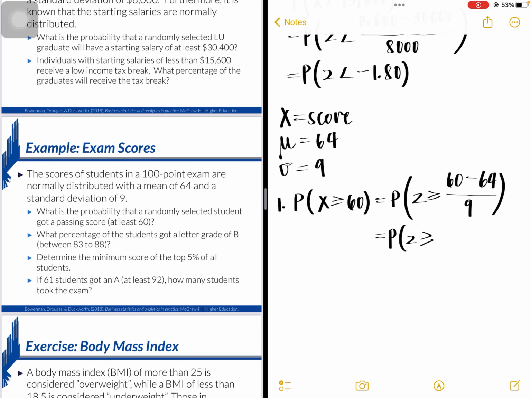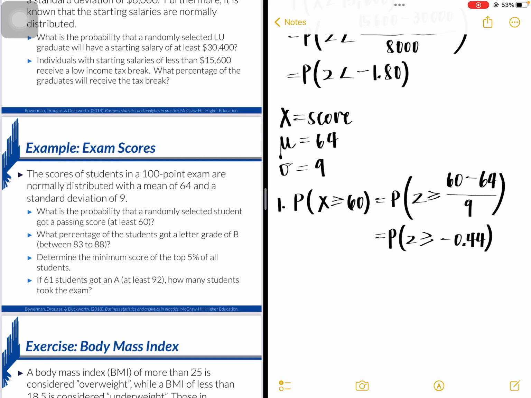Our calculator will give us a z-score of negative 0.4444 and so on. Now, to standardize our computations, we will always round off our z-scores to 2 decimal places, since the standard normal table is precise up to 2 decimal places. So this is negative 0.44.